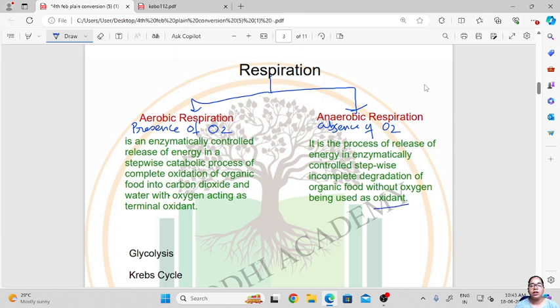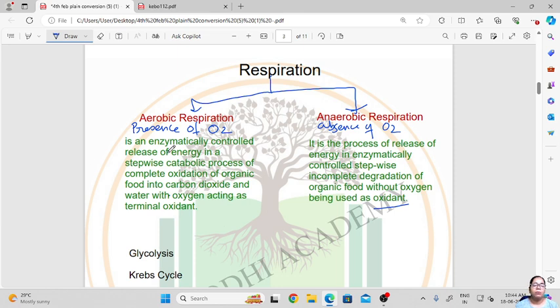Here the breakdown of the food is incomplete because it takes place in the absence of oxygen. So the food material is not completely broken down to form energy. This type of respiration is termed anaerobic respiration.